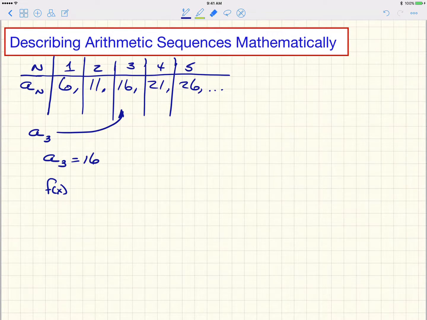Let me just get rid of this a little bit, and we'll go back to describing our sequence. There's a couple of ways that we can figure out the equation behind an arithmetic sequence.